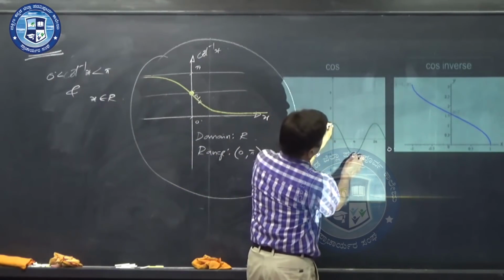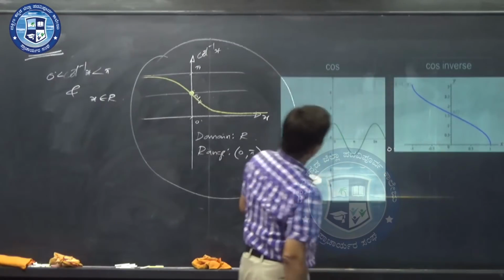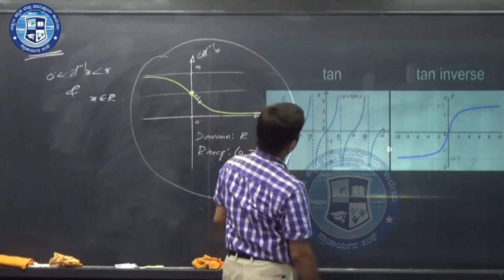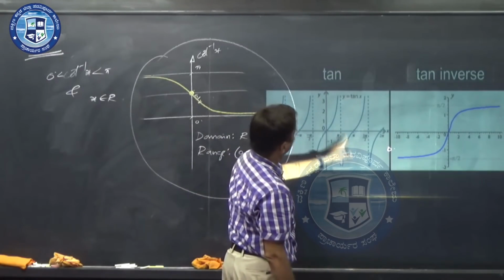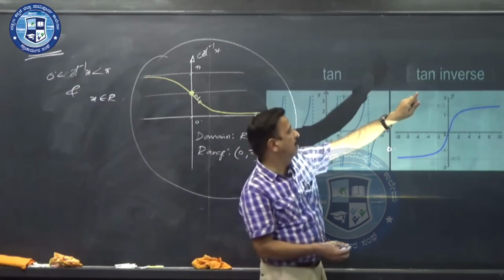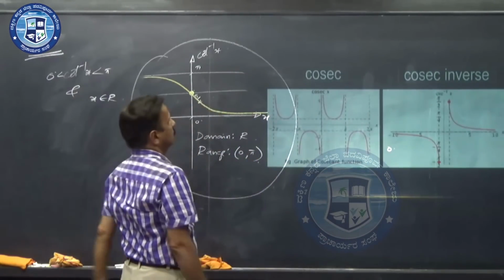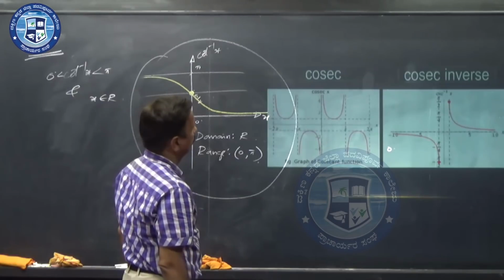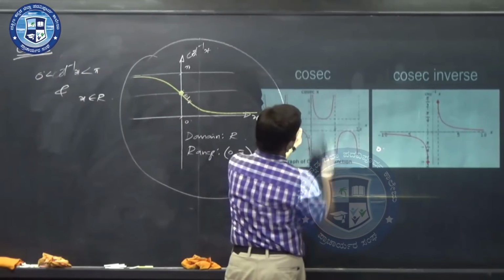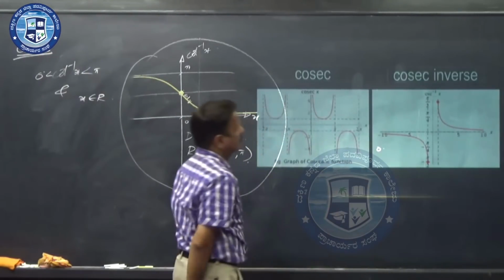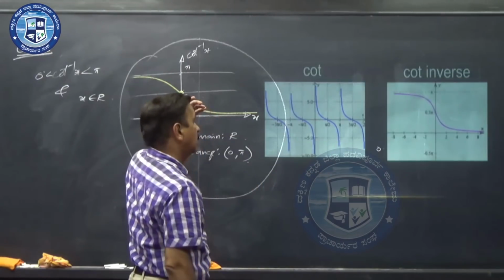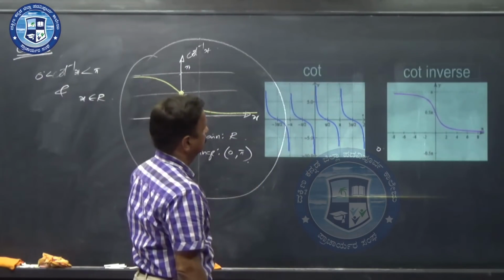Next, tan and tan inverse between minus pi by 2 and plus pi by 2. Next, cosecant and cosec inverse, then secant and secant inverse, then cot and cot inverse.